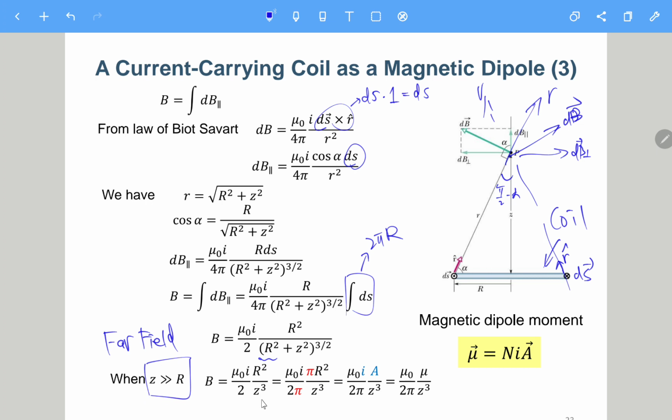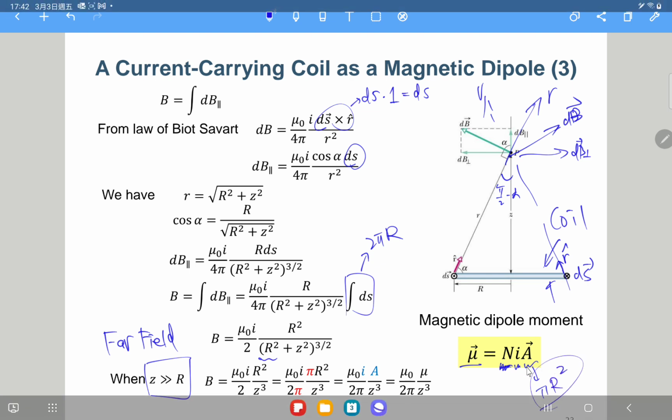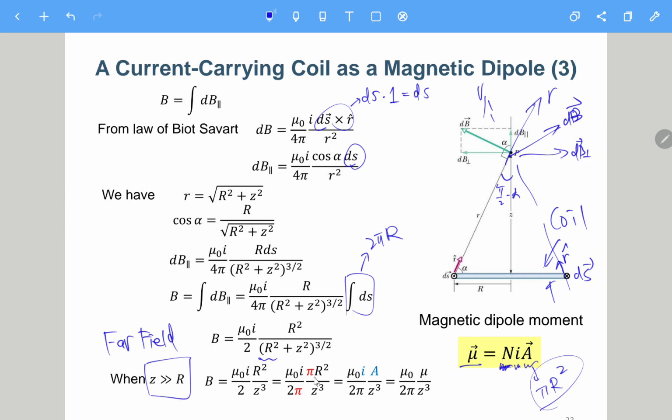Finally, we try to form the magnetic dipole moment, because last time we already know mu is N, the number of turns, times I times A. Of course here we just draw one turn, but actually we can have more than one turn, so we can keep this N here. A is nothing but pi R squared.